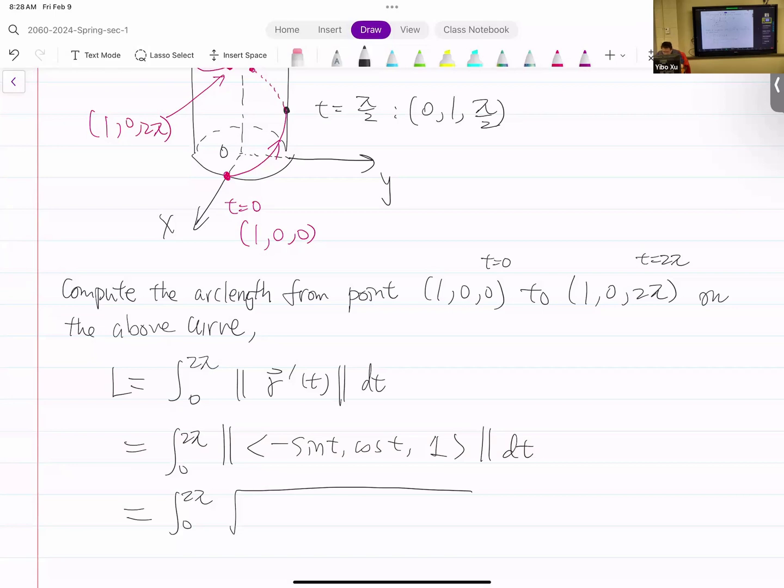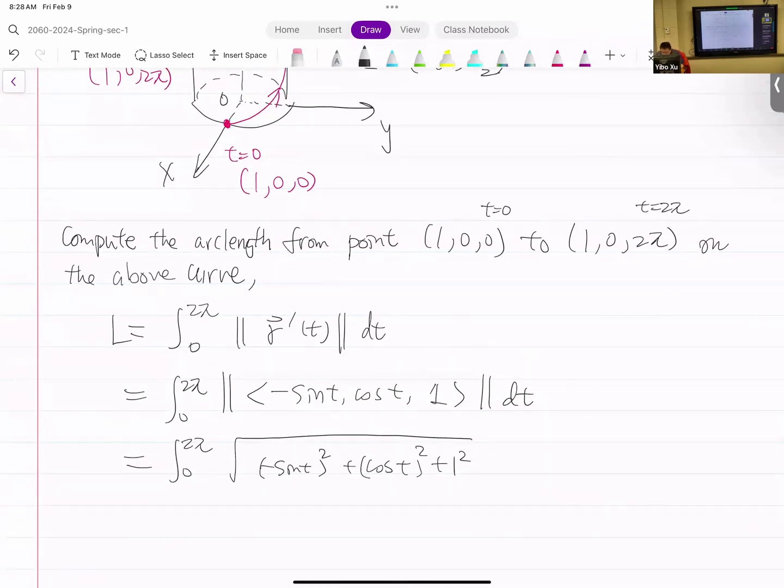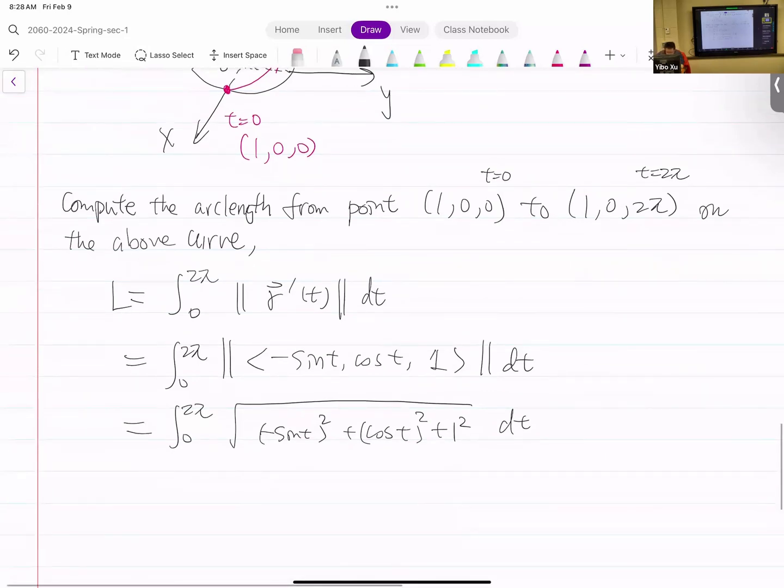So we just take the components squared and sum up, right? We will have negative sine squared plus cosine squared plus 1 squared. Negative sine squared is just sine squared, and sine squared and cosine squared have the same argument, so they add up to 1. So essentially, you're just accumulating square root 2.